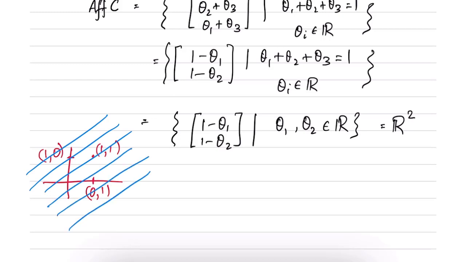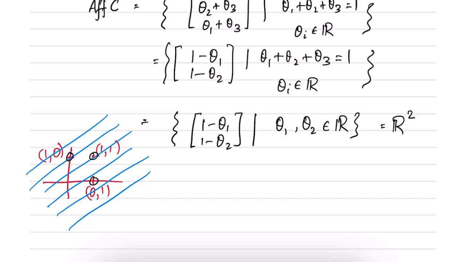So this is what happens if you take 3 points which are not collinear, which are not along a line: the entire plane is included. Likewise, you could have taken these 3 points in Rn, and then also there would have been a plane that passes through these 3 points. So this is the general idea of affine sets.